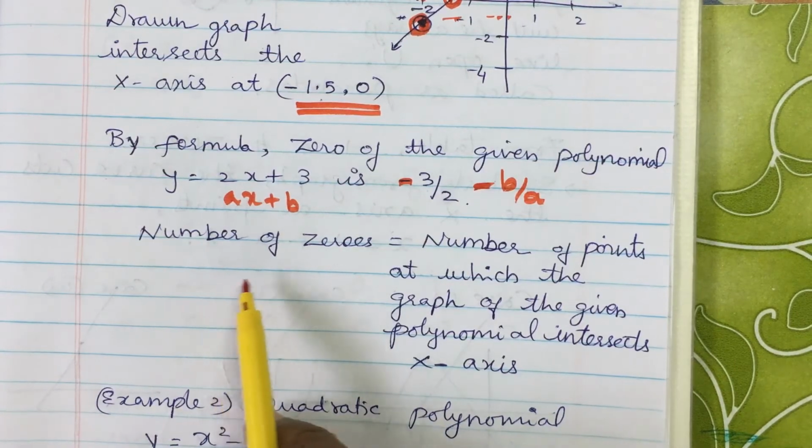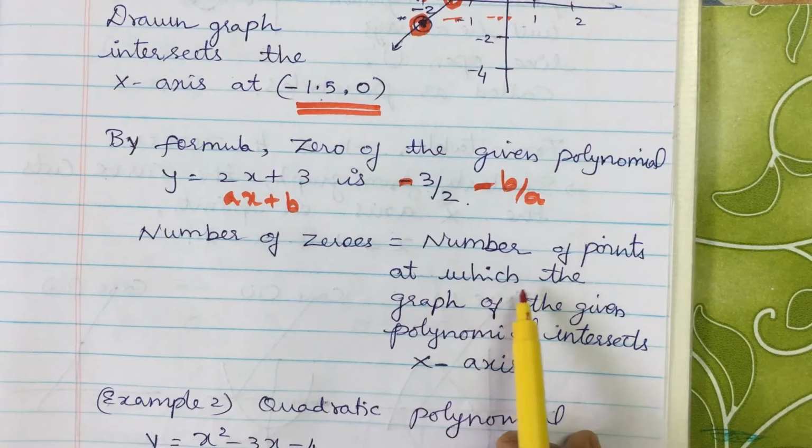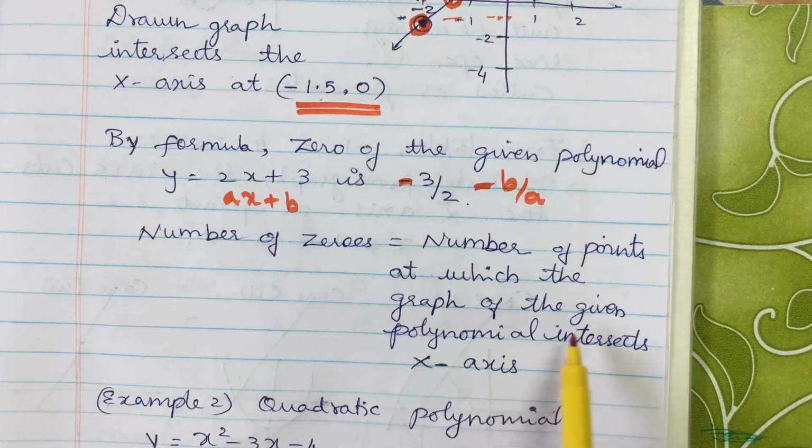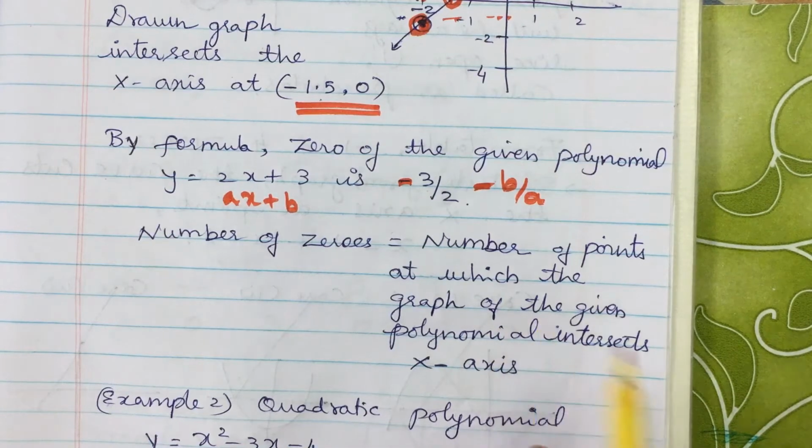Then also one more conclusion you will arrive at, that is the number of zeros and the number of points at which the graph of the given polynomial intersects the x-axis, both are observed to be equal. Since here it's a linear polynomial, you will be getting only one zero and only one point where the graph cuts the x-axis.